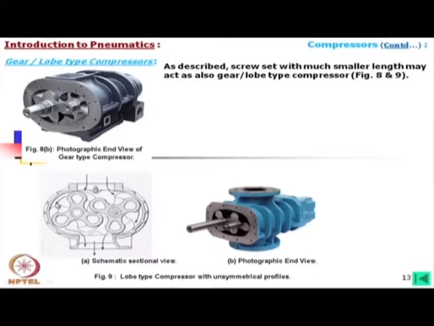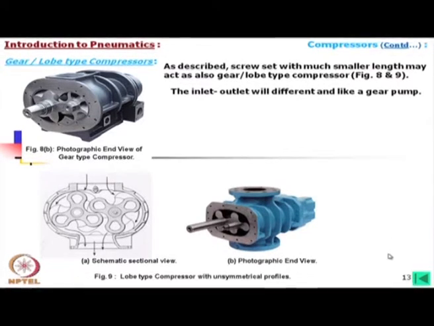So, this compressed air will now go inside, it will be trapped and then it will be delivered on the other side, and this is the side view of this lobe type compressor. Inlet outlet is different, this is completely radial. In case of screw type you will find this is going like this and probably outlet will be like this.